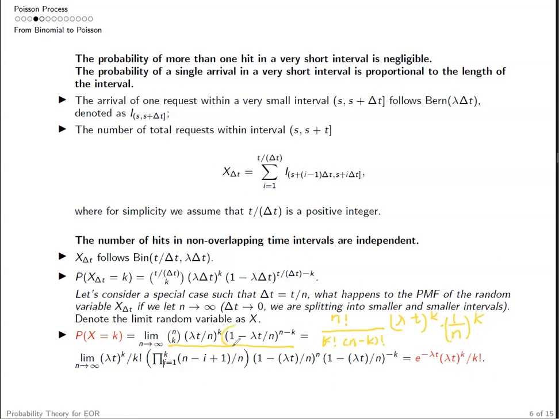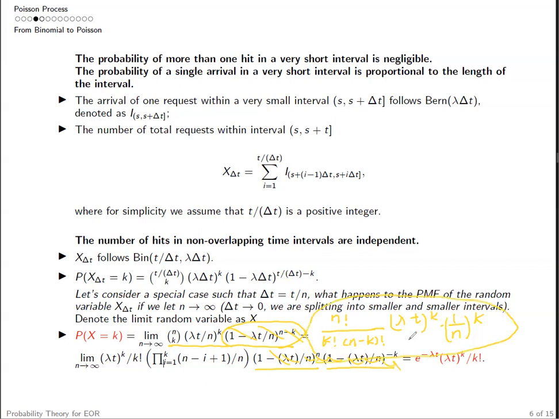For the third term, we decompose it into two parts: 1 minus lambda t divided by n, to the power n, and this 1 minus lambda t over n to the power minus k. For now, we just ignore this part. Let's take a look at what happens there.